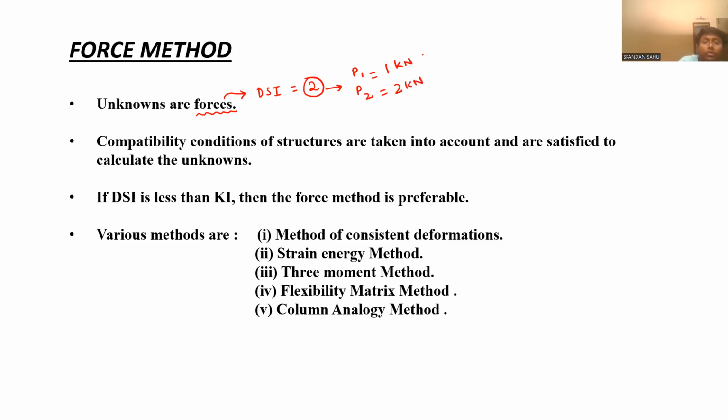If you know these two forces, then analysis of the complete indeterminate structure now boils down to application of equations of static equilibrium only. With the use of static equilibrium, you can analyze the complete structure if you get those values of unknown forces which you have taken as redundant. So here the forces are the unknowns we generally take for force method.